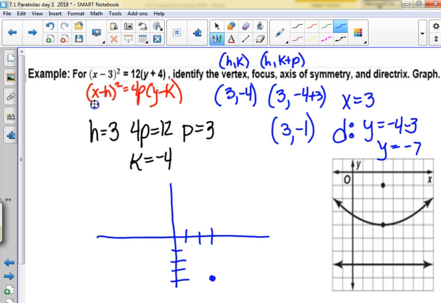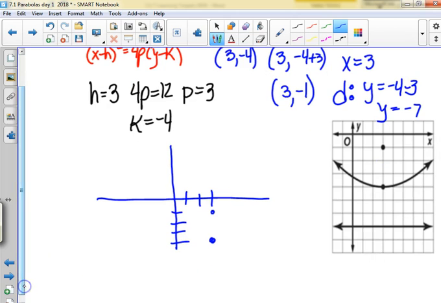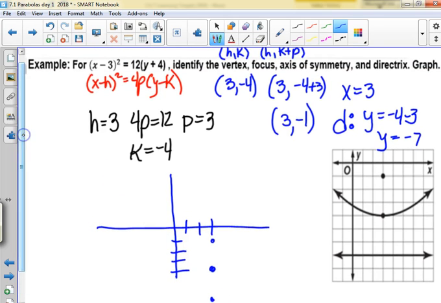If P is 3, it means I go 3 units this way and 3 units this way to find the directrix and the focus. This has a positive P, so it opens up. This is the vertex, so this one's the focus, and this is the directrix down here through this line, 3 units below this. So that puts this at Y equals negative 7, and this ordered pair at 3, negative 1, without using any little recipes.